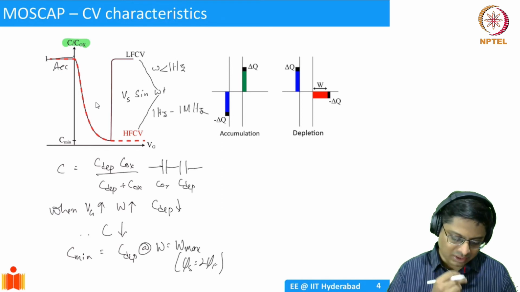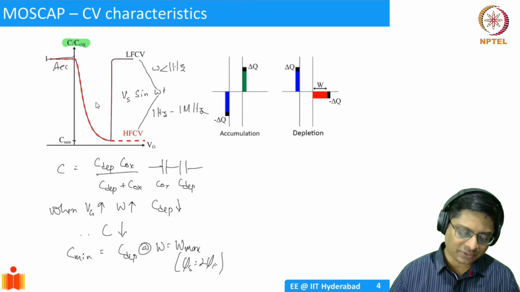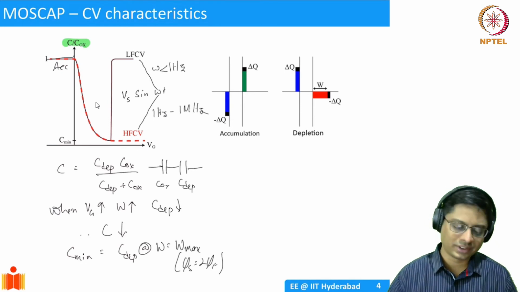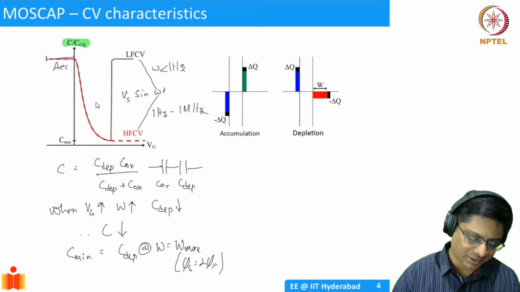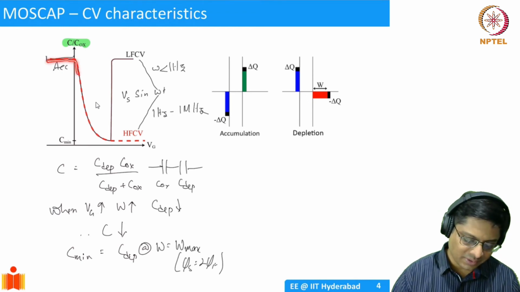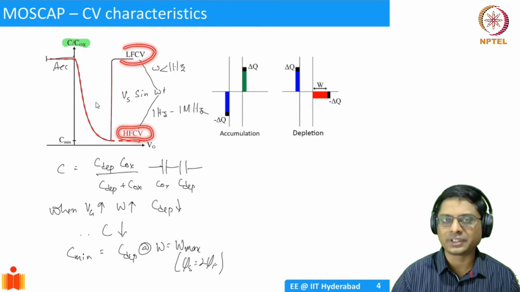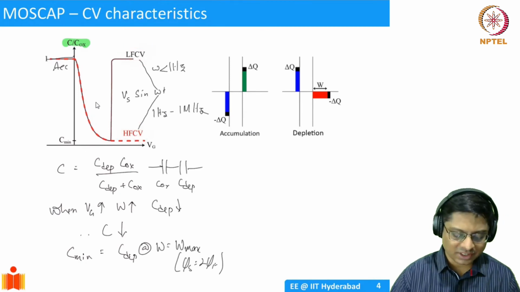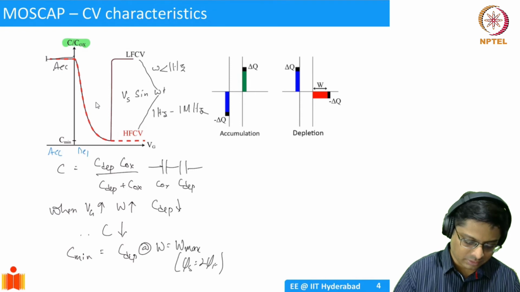So you see that since majority carrier response time is fast, in the order of picoseconds, you do measurements at whatever frequencies you want, but you're going to get an identical CV. The red curve is a HFCV, the black curve is a LFCV. In the accumulation and the depletion part, it is identical. This is accumulation, and this is depletion up to this point.